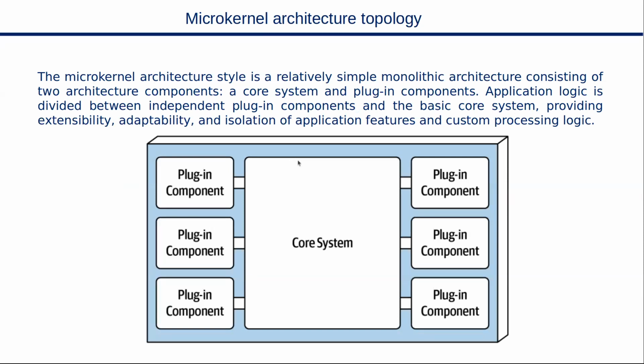And the second one is the plugin components that can be plugged into the core system. Application logic is divided between independent plugin components and the basic core system, providing extensibility, adaptability, and isolation of application features and custom processing logic.